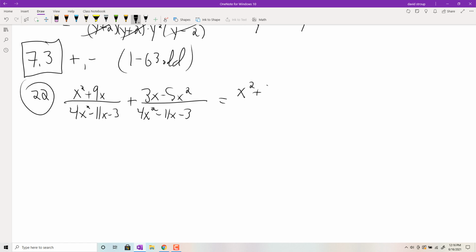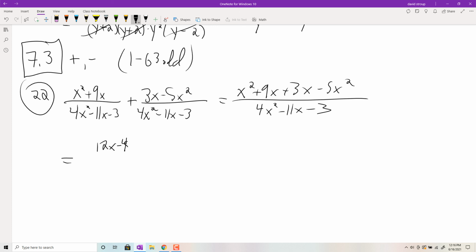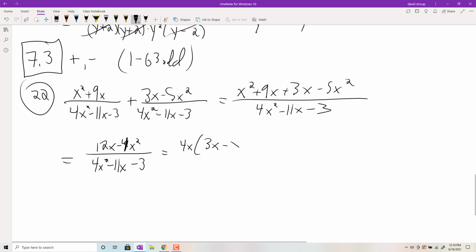So I have x squared plus 9x plus 3x minus 5x squared all over this common denominator. Combine like terms in the numerator, so I'm getting 12x minus, that'll become 4x squared. And the denominator, I think I'm going to be able to factor that and simplify. So it's not just adding them together. You still have to simplify if you can. So I can pull out, I think, a 4x, and I get 3 minus x.